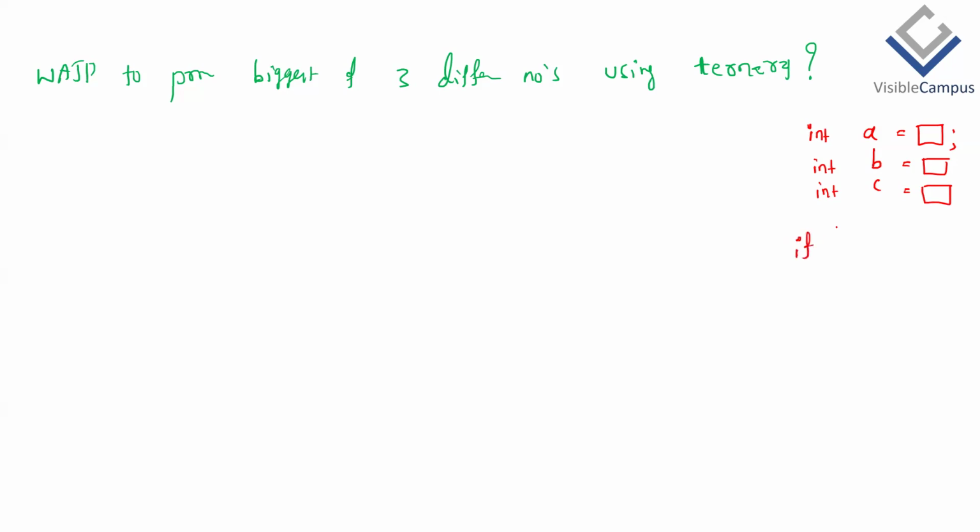If A is greater than B, can we say A is biggest? No. We have to write one more condition. If this is true, then A is bigger. Then is B in the game or out of the game? If this is true, B is out of the game.